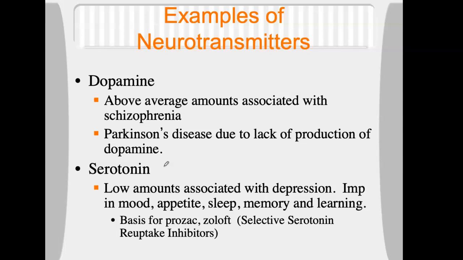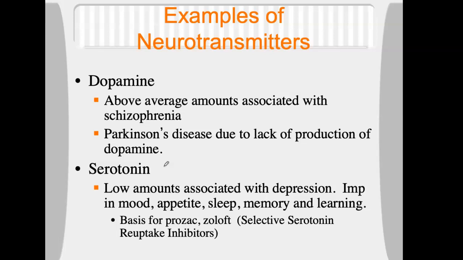Oh my gosh, you guys, that means it affects everything, right? It affects everything. So it's the basis for some medications, some pharmaceuticals that are going to allow you to have more of that serotonin in the system so that you come out of that depressed state.